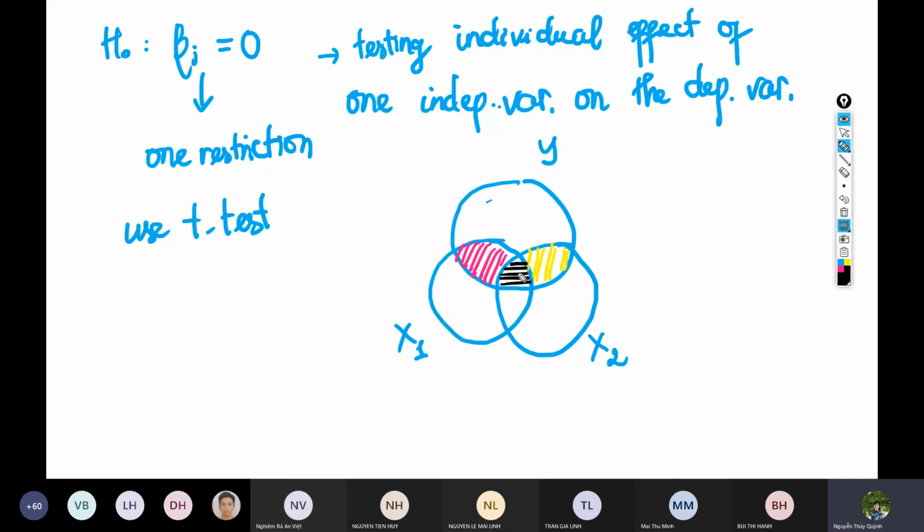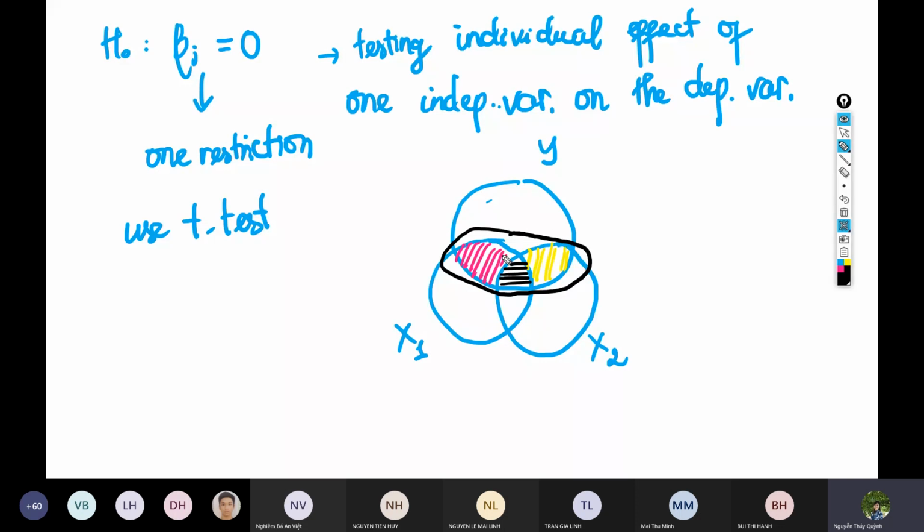Now we will test whether some independent variables in the model can explain significantly the value of the dependent variable y. The combination of the pink, yellow, and black areas here is the joint effect of x1 and x2 on y.